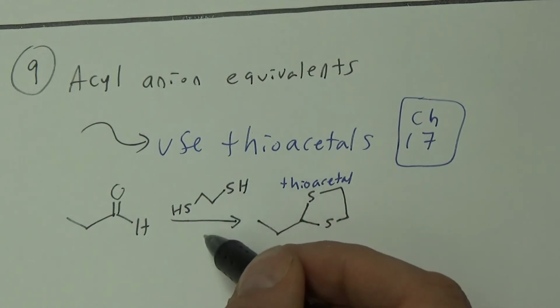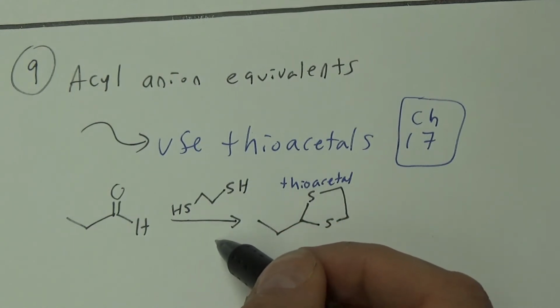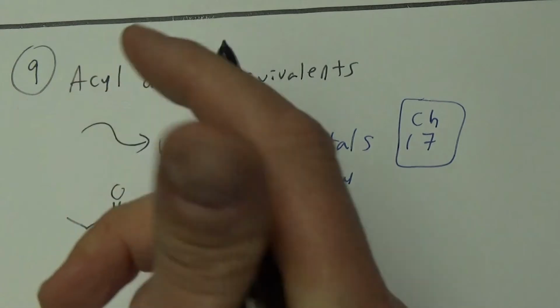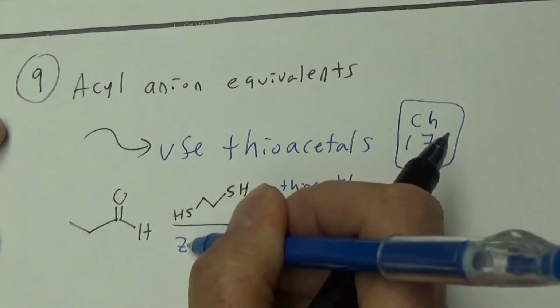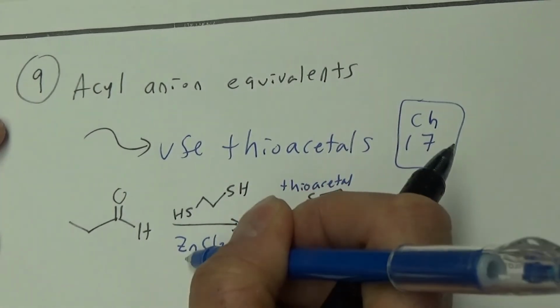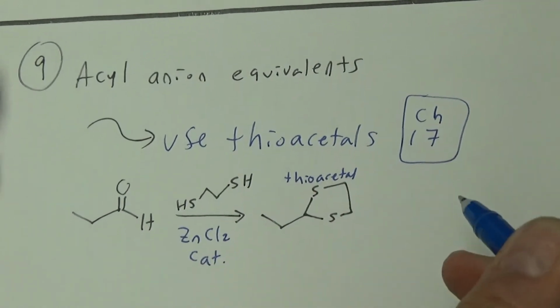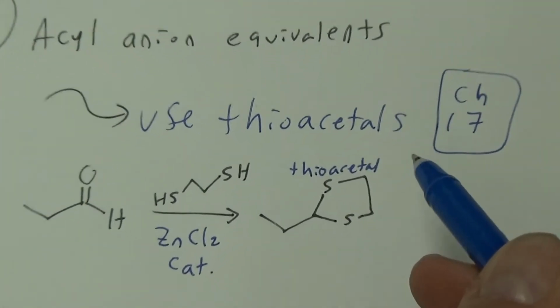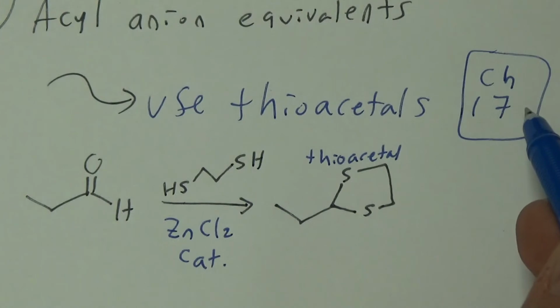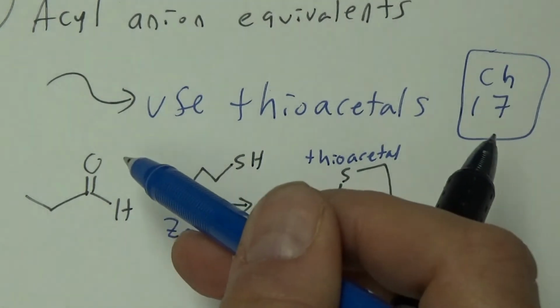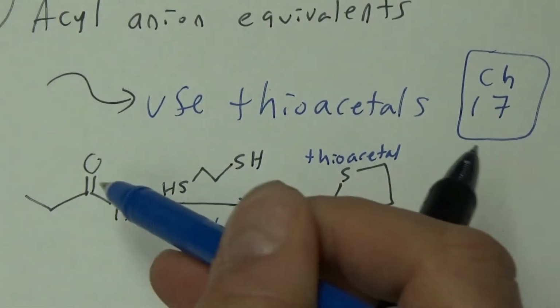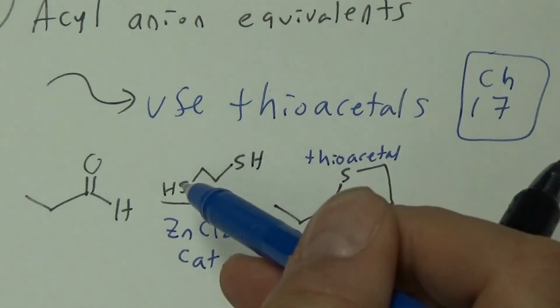Then we'd use acid catalysis, H+, but with the thioacetal, you use zinc chloride as your catalyst. We did talk about the mechanism of this, so I'm not going to review it. Go back and look in chapter 17. Something like the oxygen attacks zinc, and then sulfur attacks.